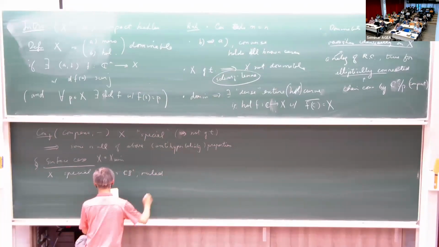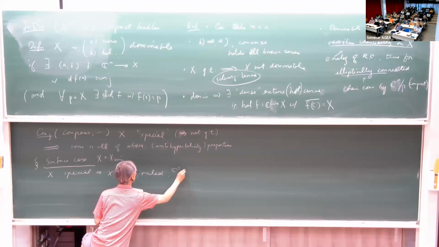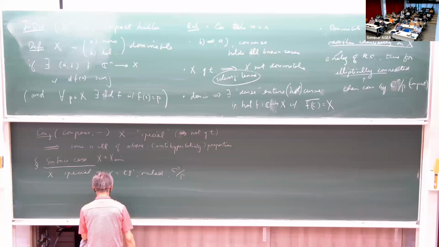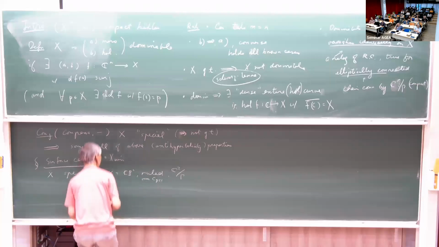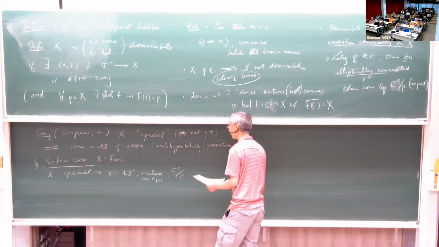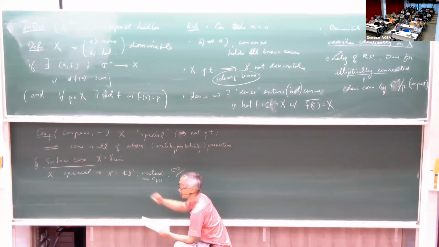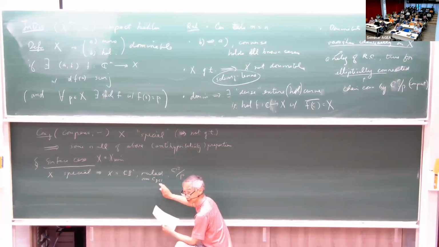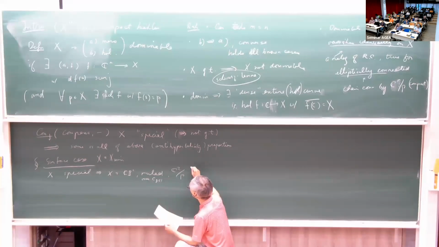X is C^2 ruled, or C^2 quotient by Gamma. So it's not just usually ruled. This is all ruled over a curve of genus less than or equal to 1. This ruled just means it's a conic bundle model over a curve of genus less than or equal to 1. That condition on the genus comes from the fact that X is special. This cannot be general type curve, or have genus strictly greater than 1. So these are evident in the enumeration.